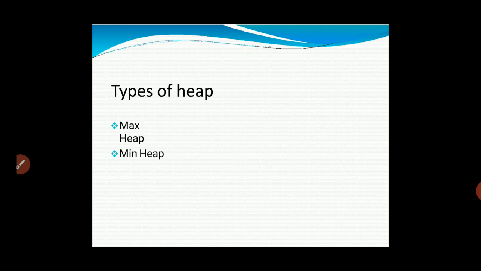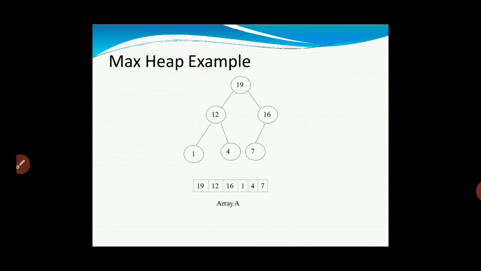Heap has two types: one is called max heap and the next is called min heap. We will understand what a min heap and a max heap are through the given examples. Here we construct a max heap example.